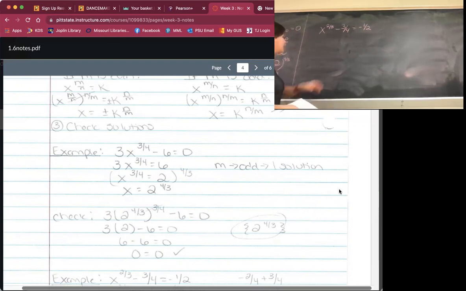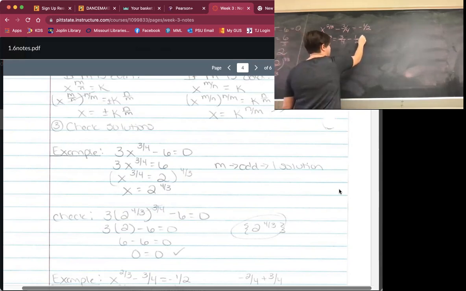So this one's already written with a rational exponent. So I need to isolate my x. And I'm going to do that by adding 3/4 over. Now I have 3/4 minus 1/2. So in order to combine those, I have to get a common denominator. My common denominator is going to be 4.